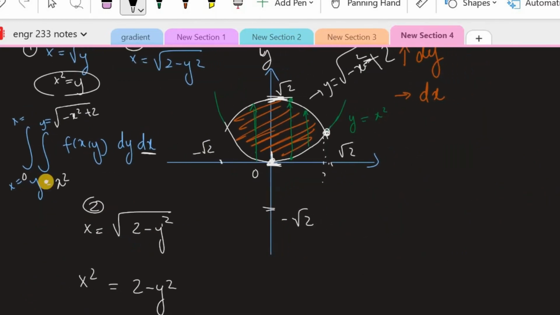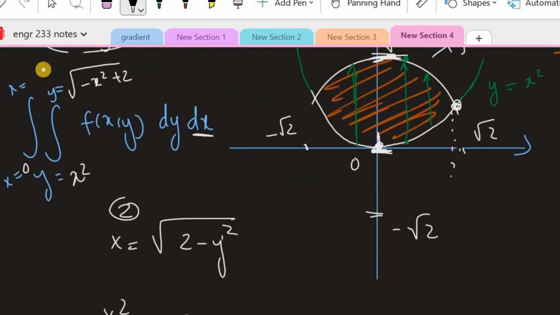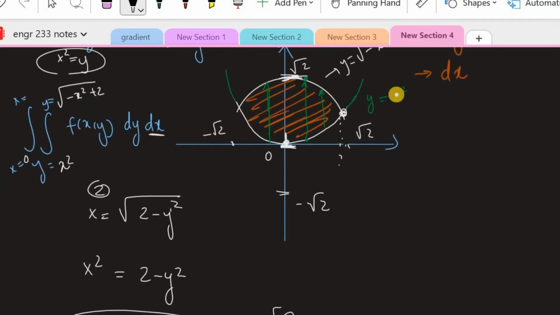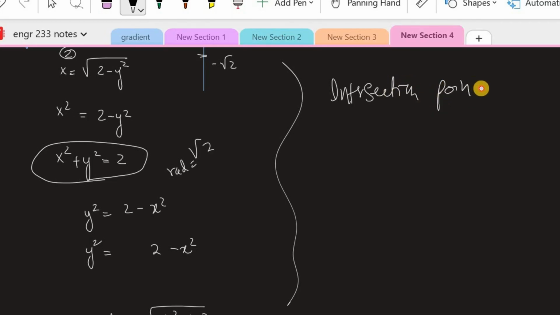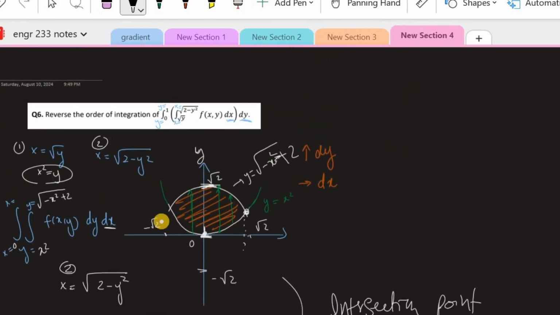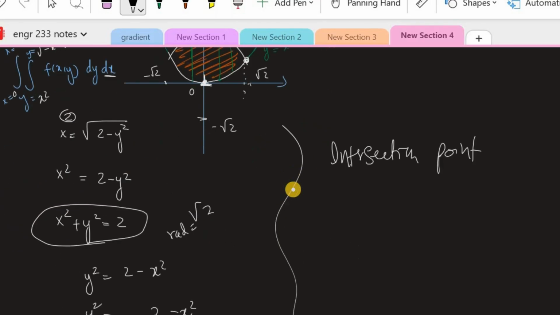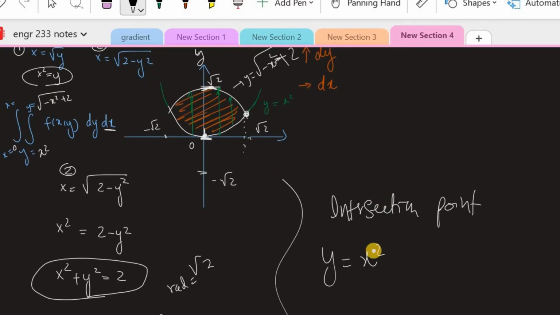Now in order to find this value over here, we need to find the intersection of these two graphs. So we're going to take the equations of these two graphs. We are finding the intersection point, and we have this equation as y equals x squared, and the other equation as y equals negative x squared plus 2.